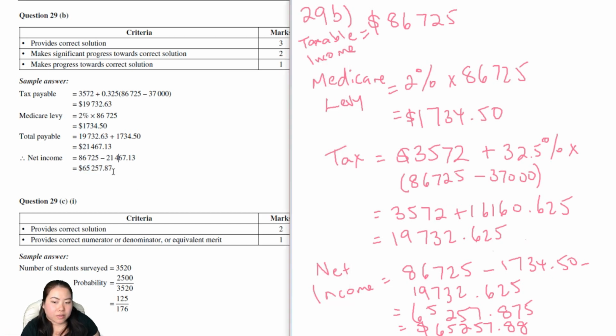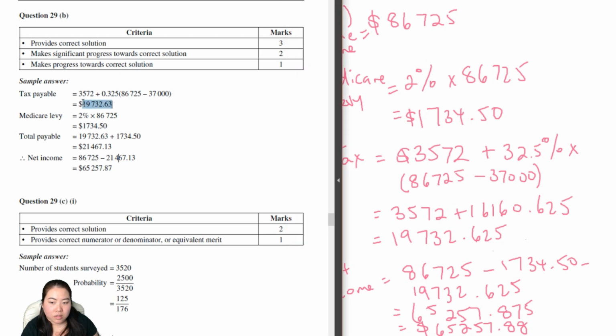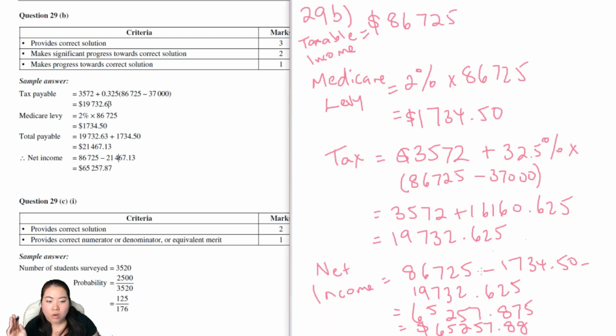Now the reason why we didn't get the answer that's on the answer sheet is because they rounded the number before doing another calculation. Now, when I was doing 3-unit maths, this was a big no-no. You do not round anything until you get to the very last line.